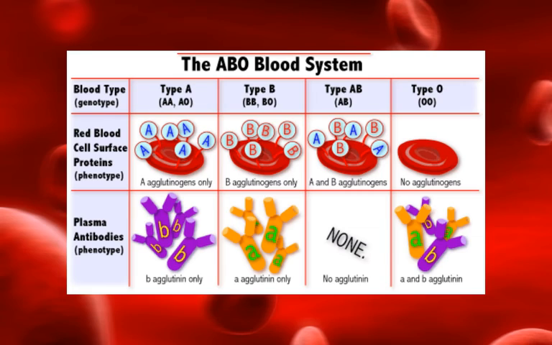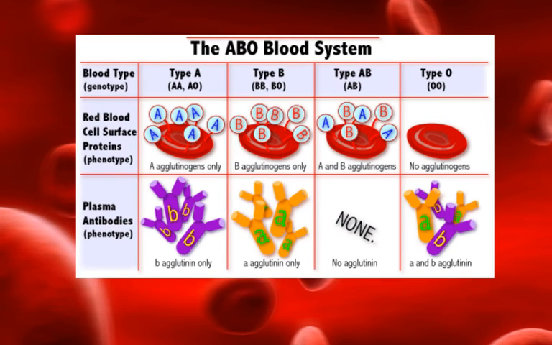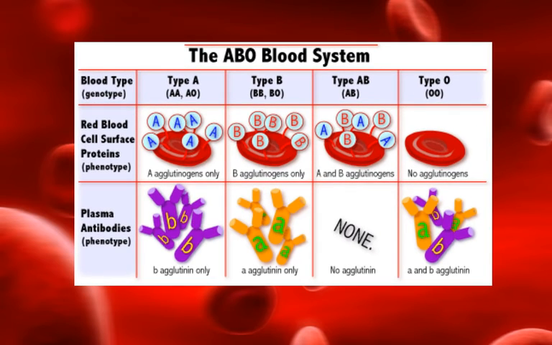Now, if you're wondering why it's important and what these antigens mean for the individual person, this chart right here gives you a good indication of that. We have the various blood types going across the top: type A, type B, type AB, and type O. Again, this shows the antigens on the blood, the A antigens and the B antigens, with AB blood having A and B antigens, and O having no antigens.